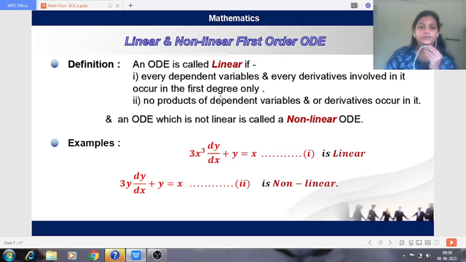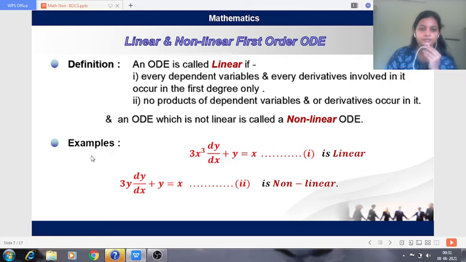This type of differential equation is called linear, and the type of differential equation which is not linear is called a nonlinear differential equation.